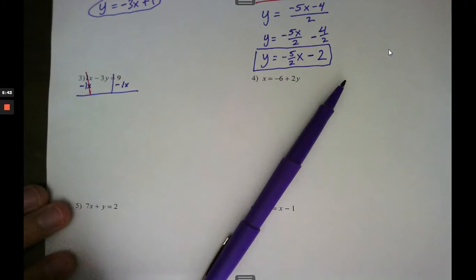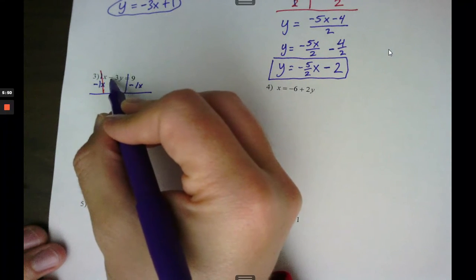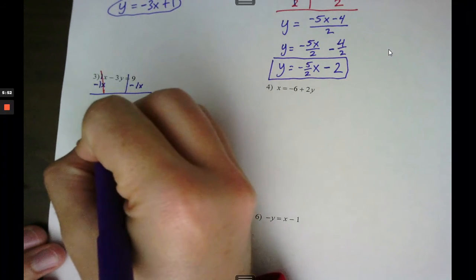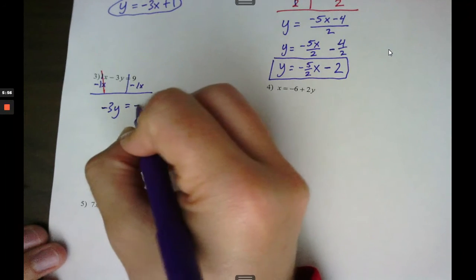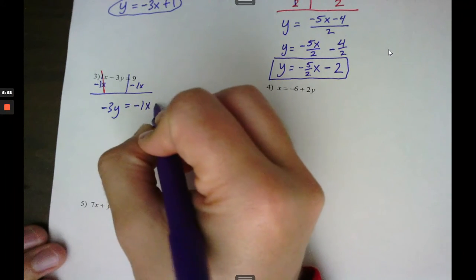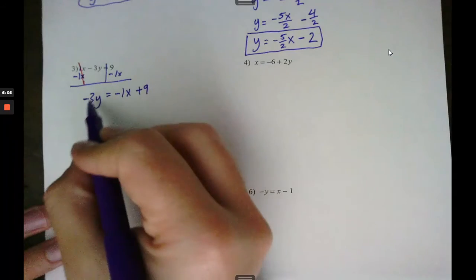1x minus 1x cancels. But now when I bring down, this is super important, when I bring down this 3y, I have to remember that it had a negative or a minus in front of it. So that comes down as negative 3y equals negative 1x plus 9. Okay? The next step is going to be to somehow get rid of this negative 3.